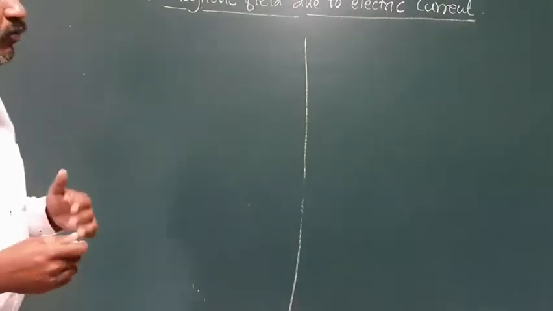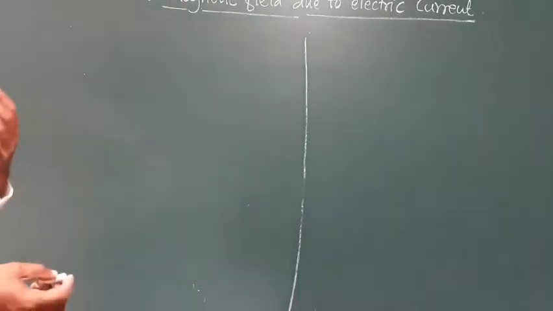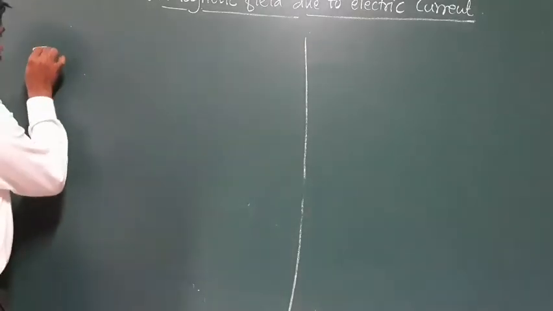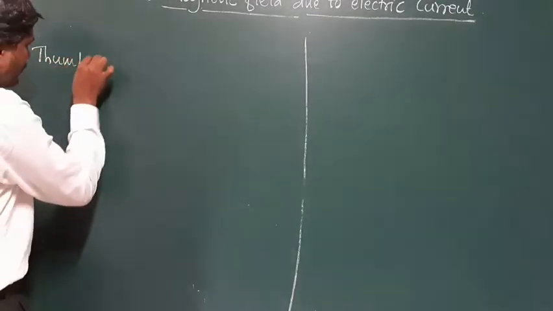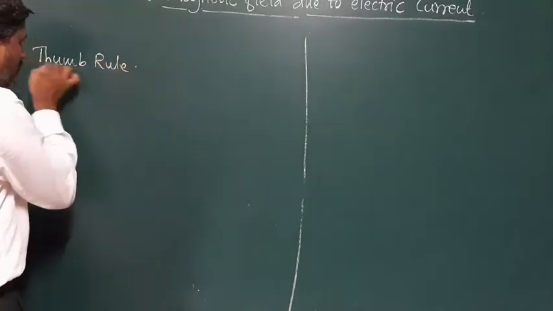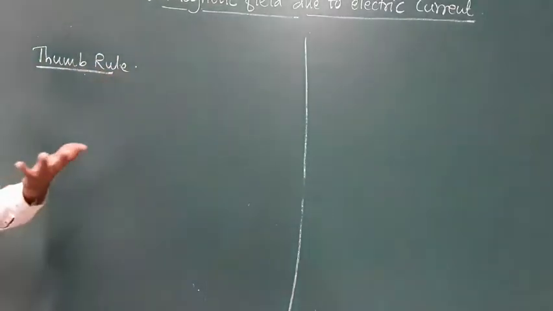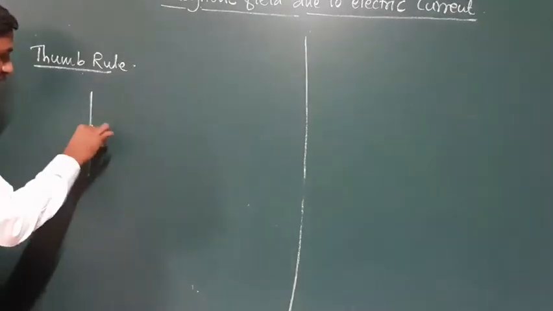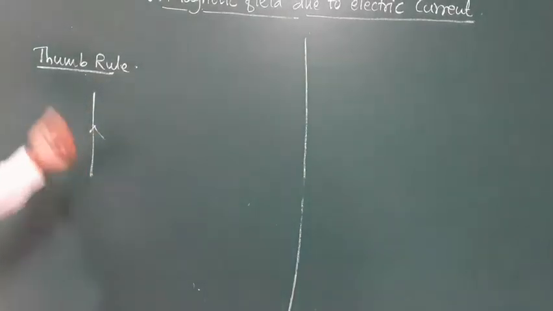And what is the direction of the magnetic field? It is given by the thumb rule, also called the screw rule. We already studied it. Let a straight conductor carry current in the upward direction.